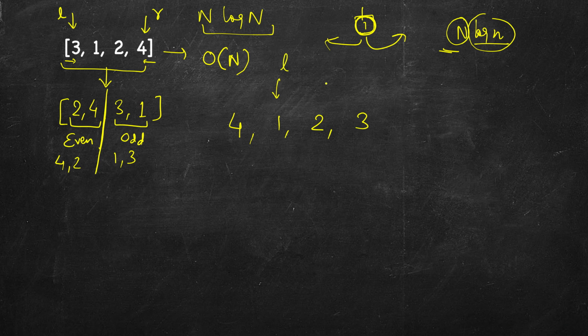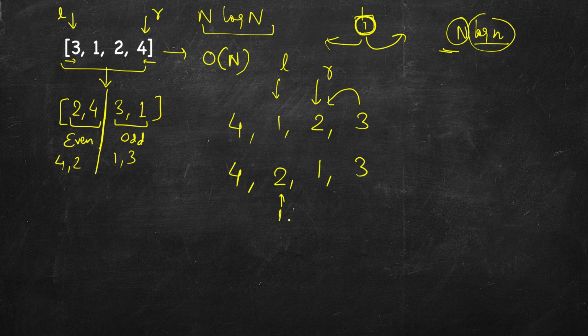And L we will increment, R we will decrement until we find even. So R was here after swapping. So this is odd, so we will move R here. Now R comes here and it's even, and this is odd, so we stop and we swap them. Now these are swapped, so 4, 2 comes here, 1 goes here, and 3 remains here.